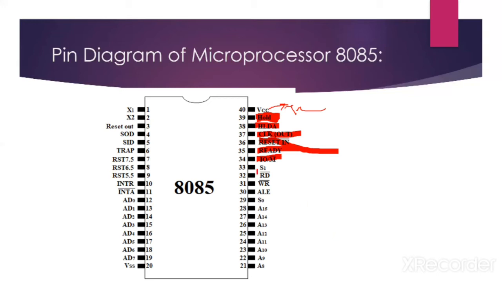Next is S1 and S0. These are status signals sent by microprocessor to distinguish the various operations or type of machine cycle in progress. Means it only indicates what type of operation is performed in microprocessor 8085.